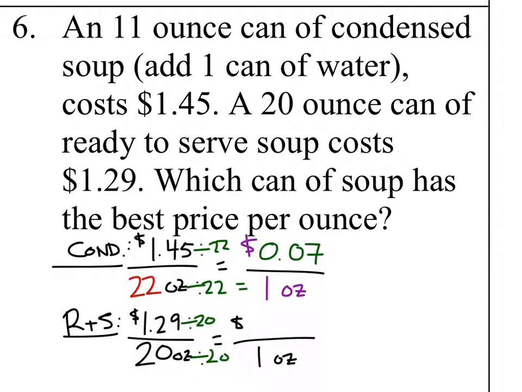So $1.29 divided by 20. How many dollars is that? So yeah, we have to change this because they're pretty close to each other. So it looks like the condensed is going to cost a little bit more for every 1 ounce. Whereas the ready to serve is just a little bit cheaper than the condensed.